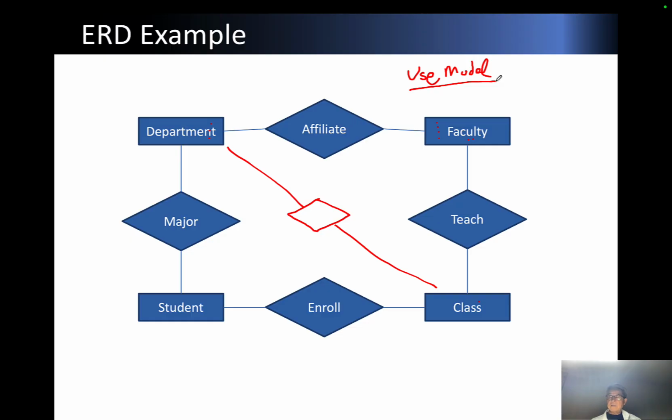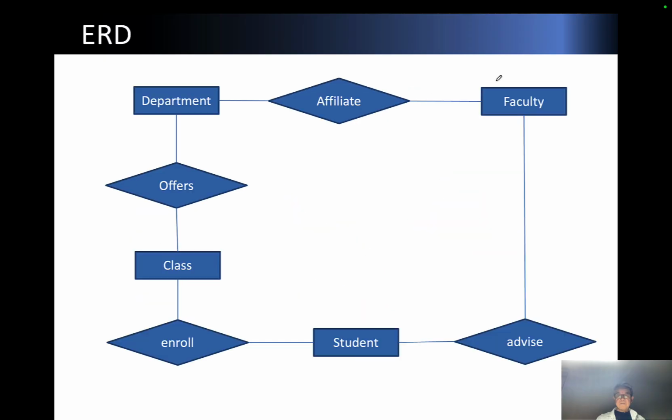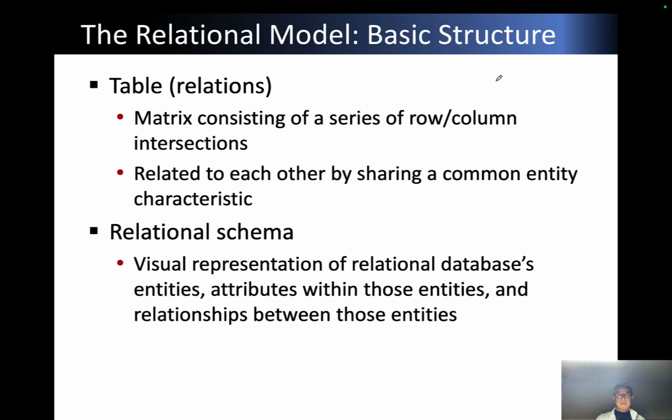So my database model should fully and efficiently support a given use model or service that we want to provide, depending on who receives our services, our client. All right? That is ER diagrams.